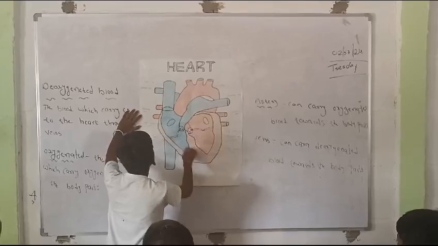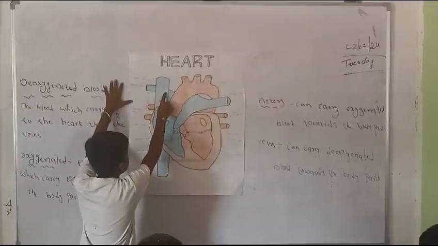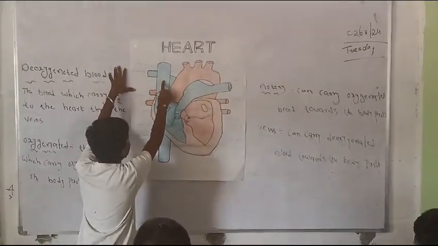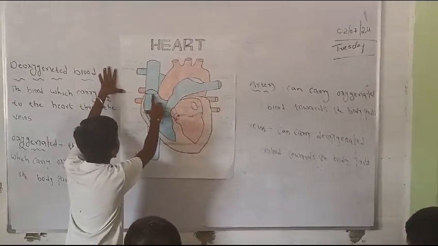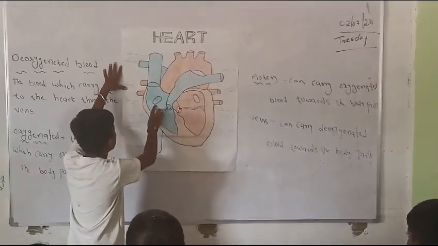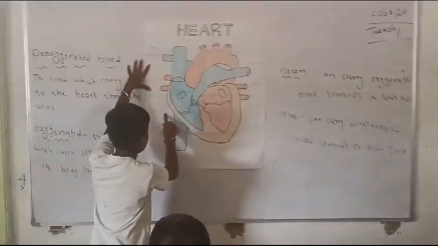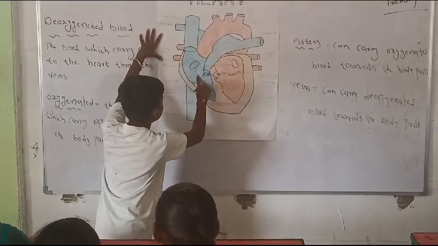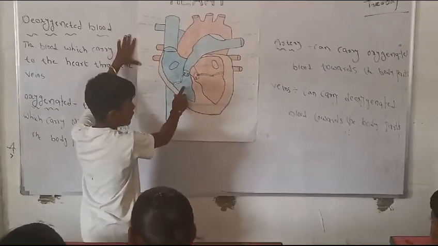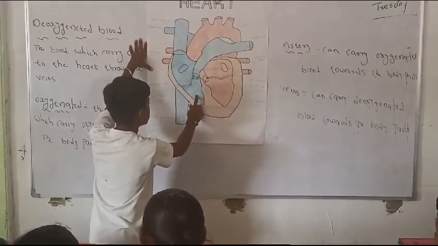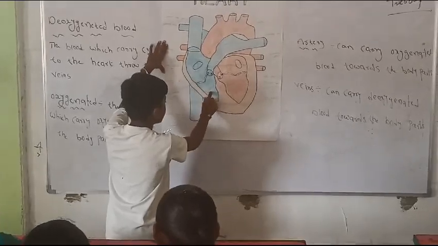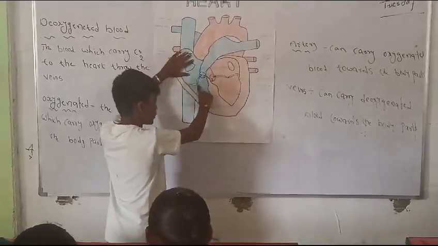This is the heart. With the help of the superior vena cava, the deoxygenated blood comes into the right auricle. The right auricle has the tricuspid valve. The deoxygenated blood comes into the right ventricle. After that it is closed.